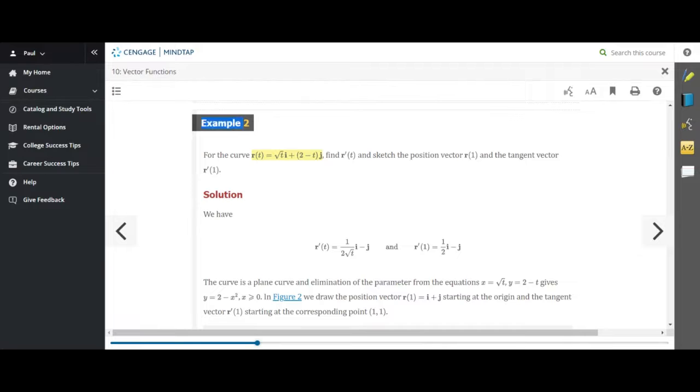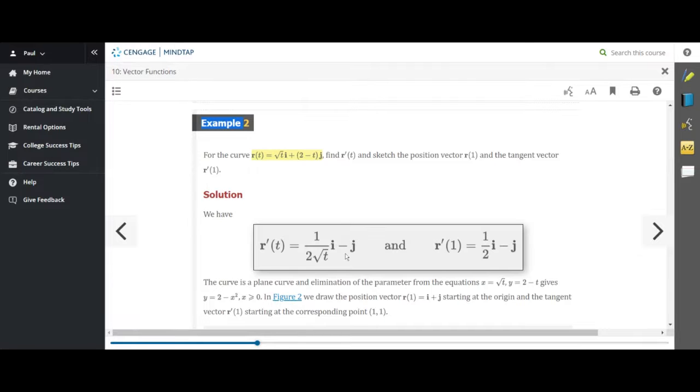Of course, you find the derivative vector and evaluate that vector at 1. And so r prime of 1 is 1/2 i minus j.